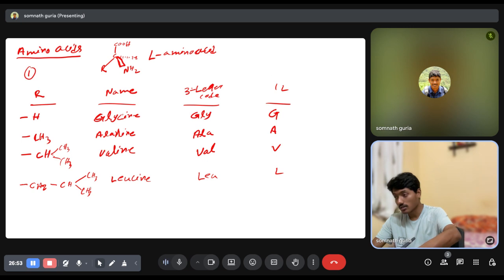Again, there is another isomer, with this CH3 group. Let's suppose this CH3 group comes to that CH group. So what will the structure be? CH, CH3, this is CH2, CH3. This is called isoleucine.